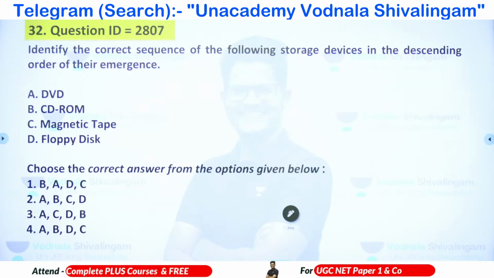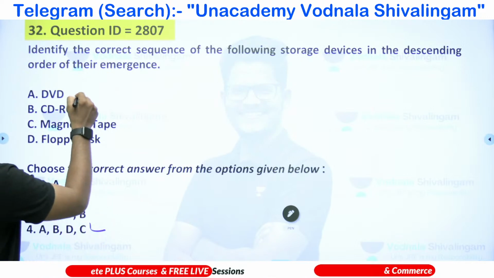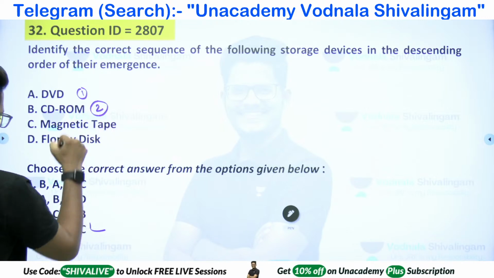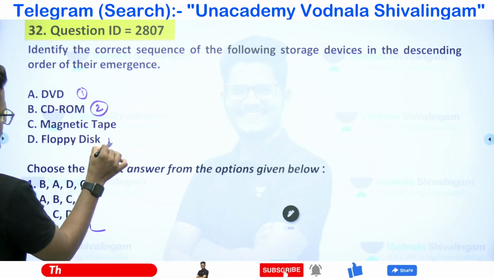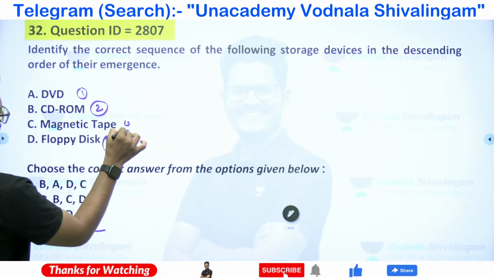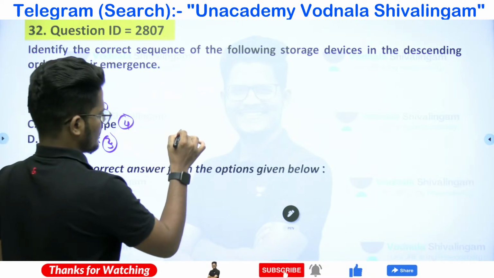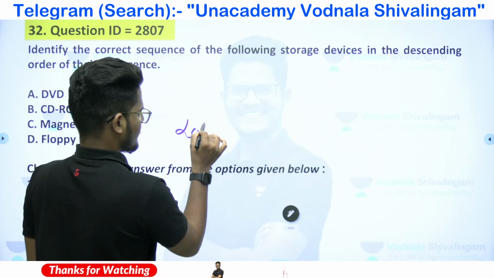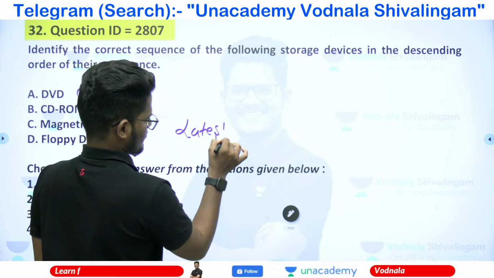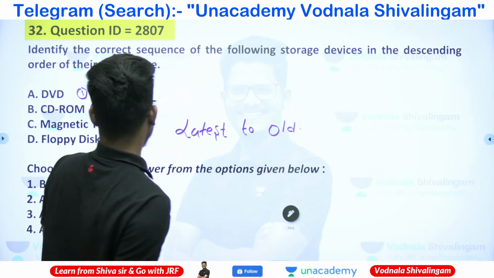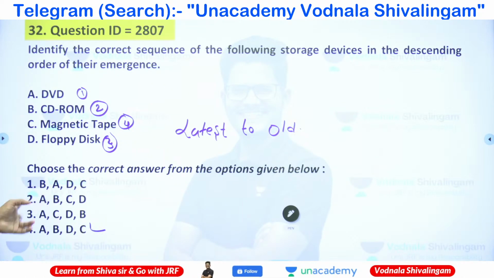So option D is the given answer. First DVD, second CD-ROM, third floppy disk, fourth magnetic tape. They're asking about descending order, meaning latest to oldest. Latest to oldest, the latest one and the old one.